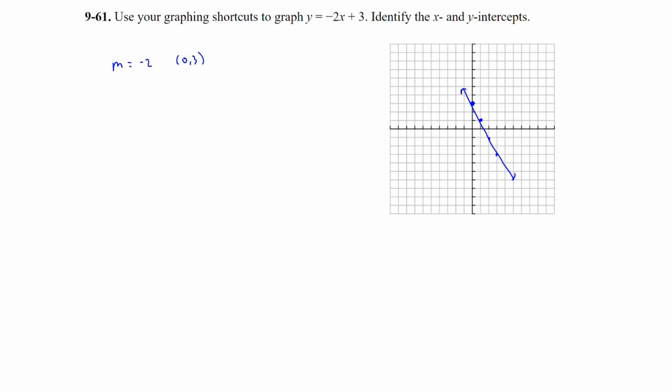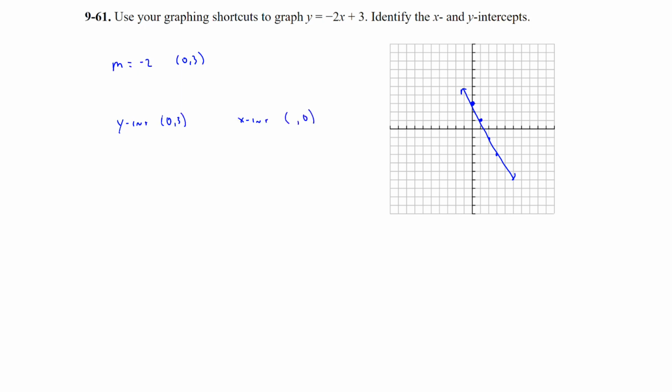And then it wants us to identify the x and the y-intercepts. Well, we know what the y-intercept is because it's given to us in slope-intercept form. So we know the y-intercept is (0, 3). It would have been nice if it crossed the x-axis nicely on my graph, but it didn't, so I don't know exactly what the x-intercept is. To find the x-intercept, we know that the y value is 0.